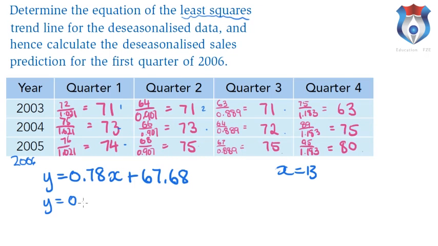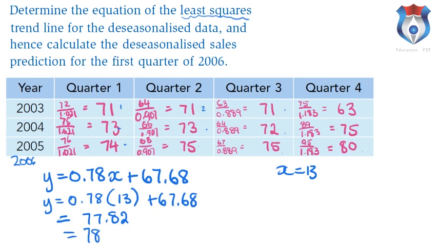I have y equals 0.78 times 13 plus 67.68, which gives me 77.82. So rounding that up to the next whole number, I'm going to call that 78. The original question actually stated that these figures were in thousands of dollars, thousands of sales. So the answer here will be $78,000 worth of sales for the first quarter of 2006.